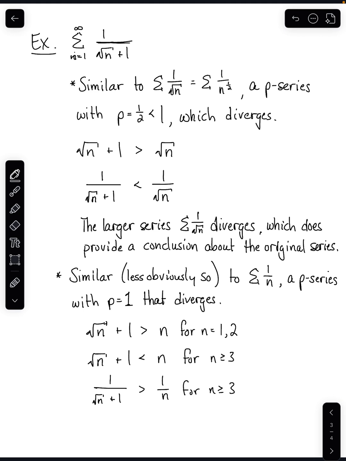The harmonic series is the smaller of the two, and it diverges. And if the smaller series diverges, that is, it adds to infinity, then the larger series diverges.